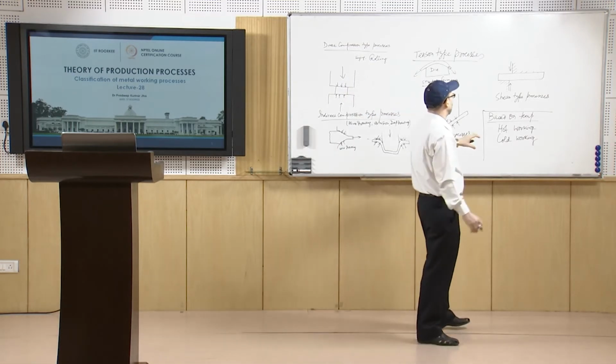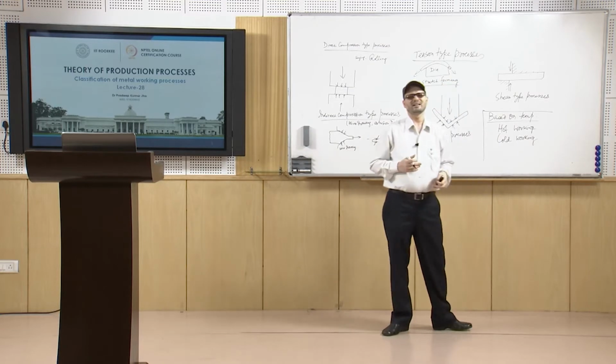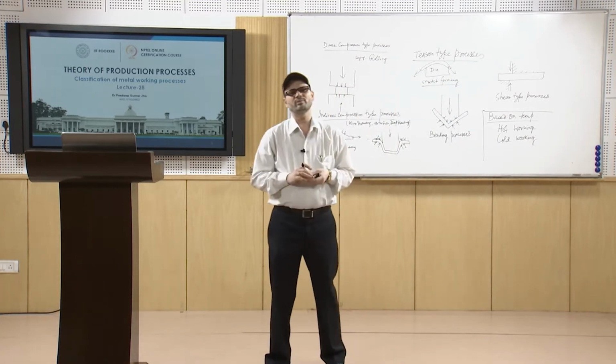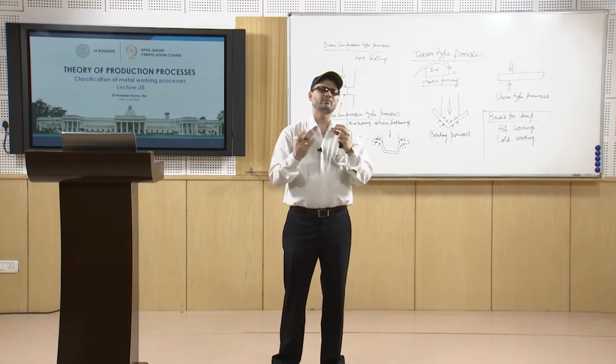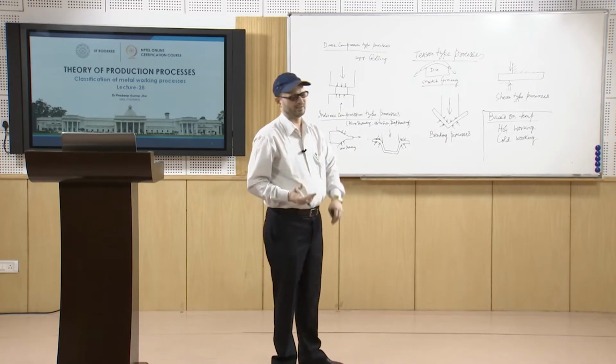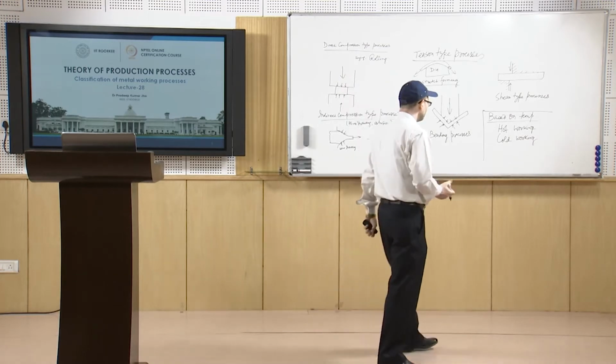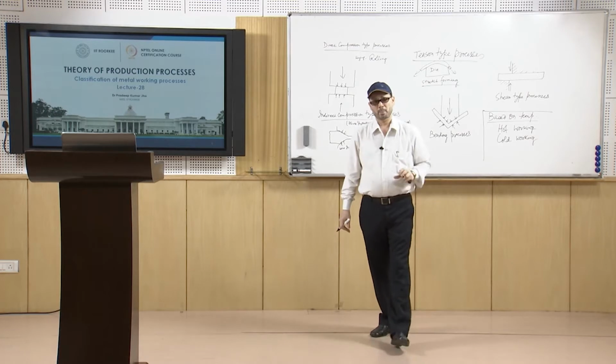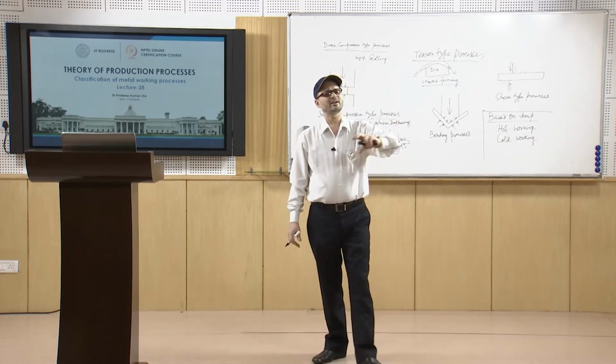But as we discussed, many times the temperature also tells that at some temperature even better materials will behave as soft or ductile materials only because of the temperature. So that's the different aspect.